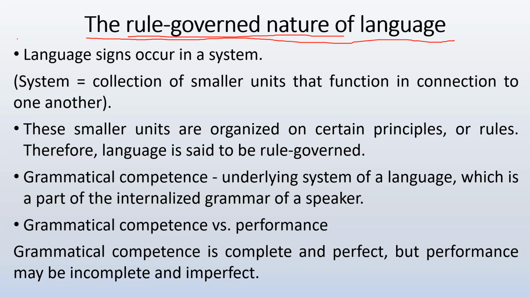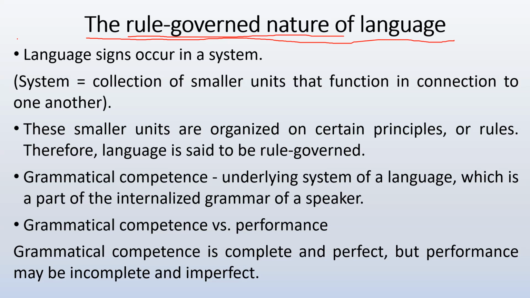Well, so language signs occur in a system, right? That is a common fact. We say usually language is a system. That is the most important characteristic of language. Now, when we talk about language, there are so many characteristics which we can see in any language.